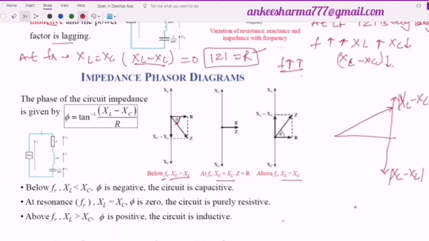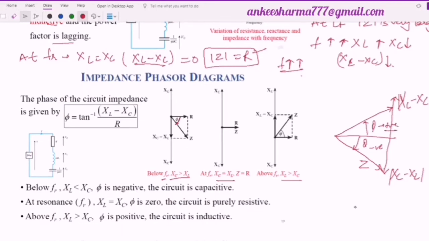Because if XC is greater, then this magnitude will be positive and it will make your overall impedance Z by the power factor leading, or you can simply say the current will lead the circuit. Whereas the angle theta or phi, whatever you want to take, in the anti-clockwise direction is taken positive, and in the clockwise it is negative. So over here we will get theta to be negative, and in this case we will get positive.